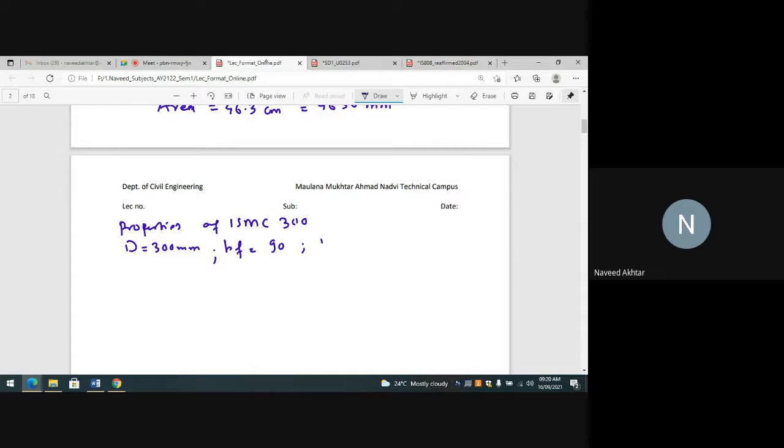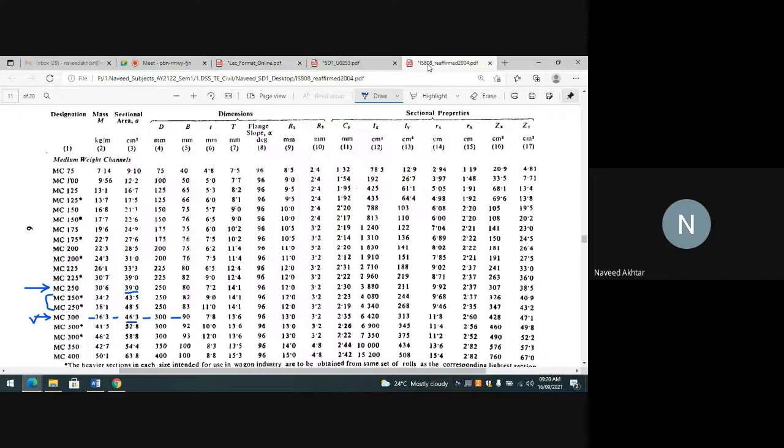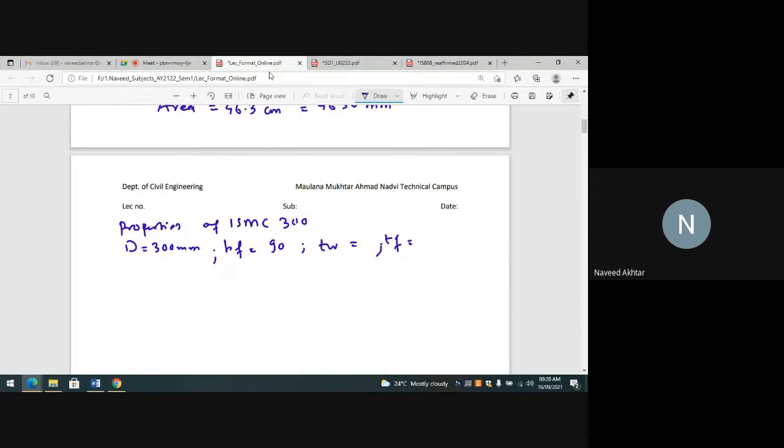Now TW and TF: small t is TW, capital T is TF. 7.8 is TW and 13.6 is TF. These properties are given. And area you have already written above. Area is 4630 mm square. These are the given.